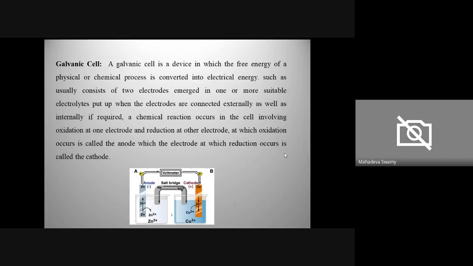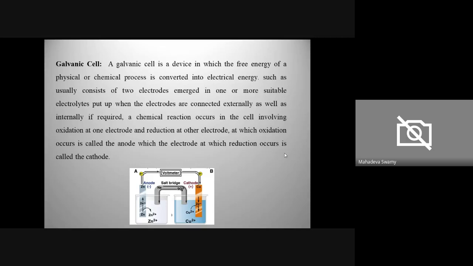Zinc electrode acts as the anode, copper electrode acts as the cathode because of the electrochemical series. Zinc is in the upper position, and copper is lower. The electrode potential value of zinc is very low when compared to copper. The negative electrode species, zinc, releases electrons faster than copper.